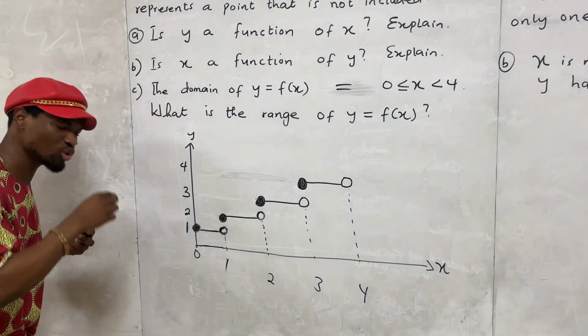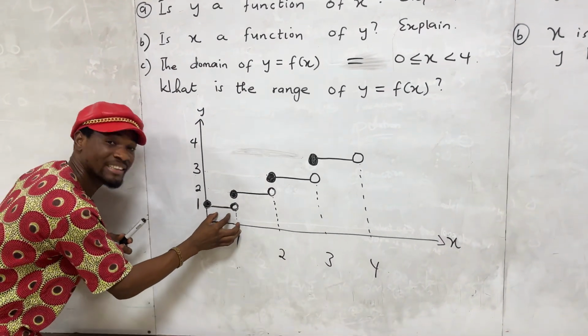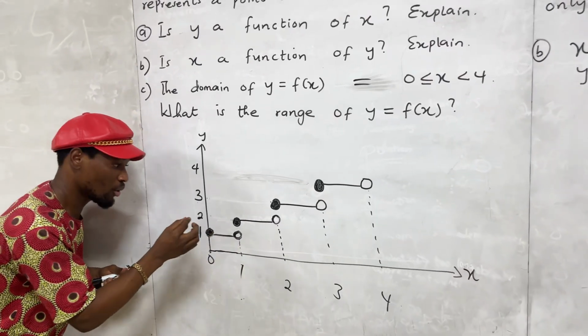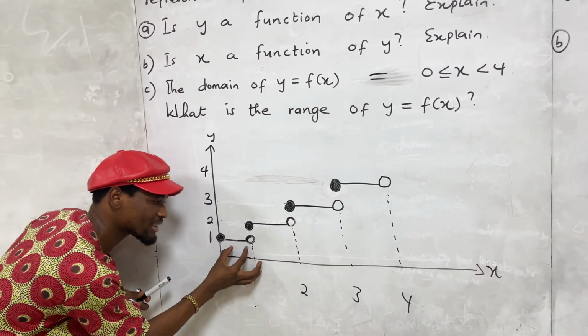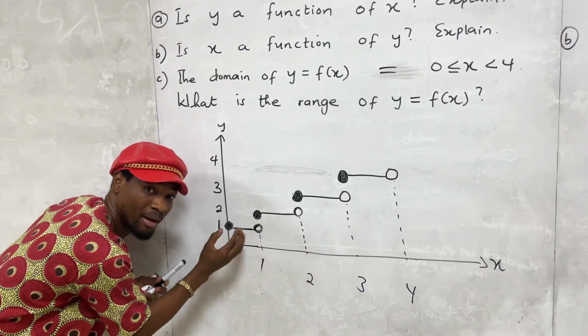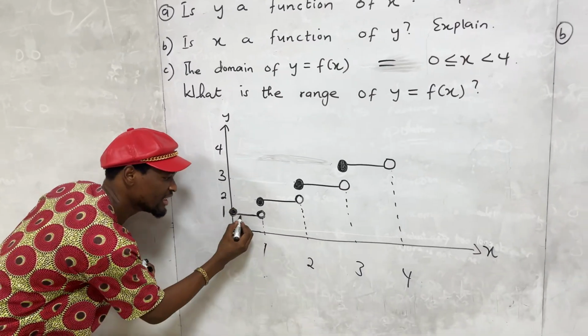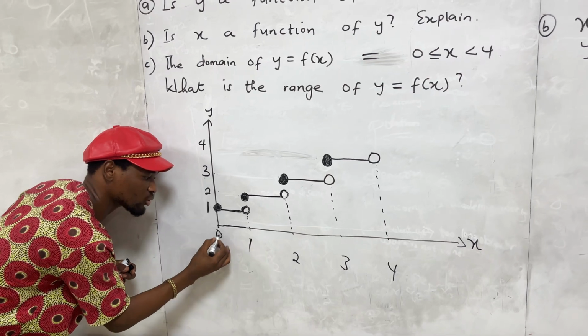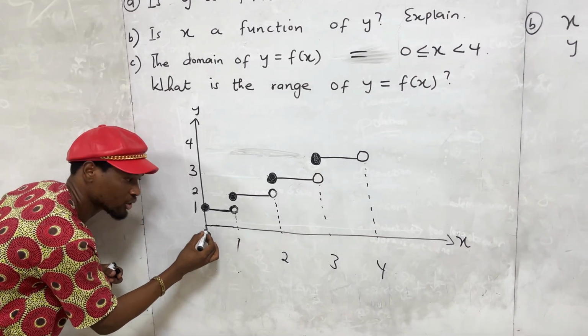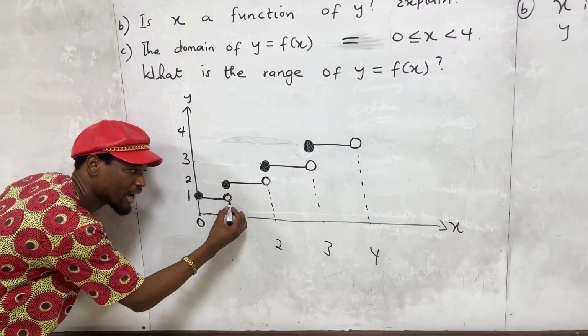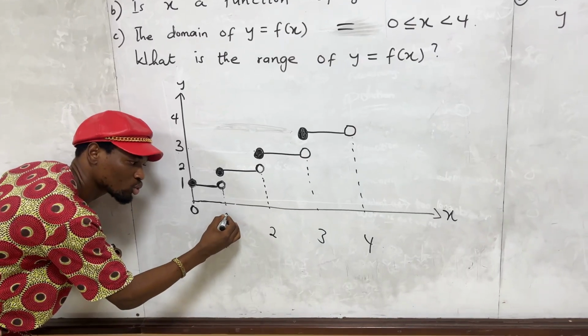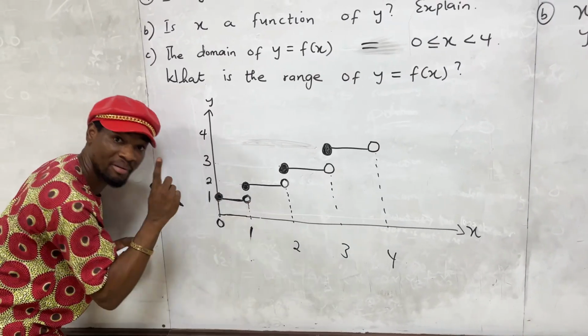So when you consider a single piece, this same graph has a 0, and at the same time it corresponds to 1 under the same graph.